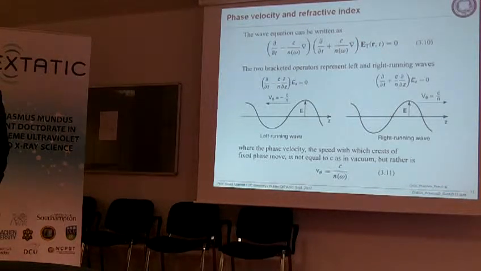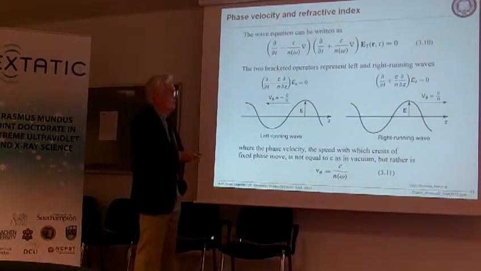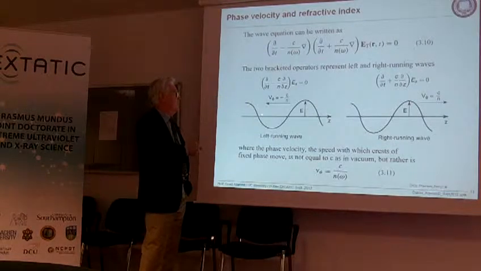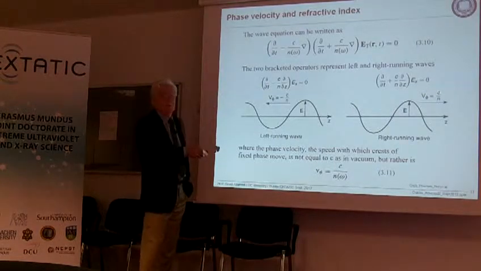I want to know what natural mode can propagate. So this is not 0. One of these two factors must be 0. And so here's one of the factors, and here's the other factor. And they're both propagating waves. It's just that one is propagating in one direction and one is propagating in the other direction. That's the sign. And they're propagating with a phase velocity of c over n.